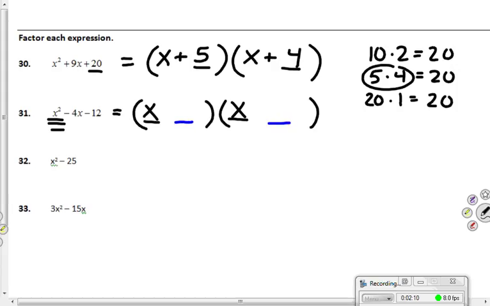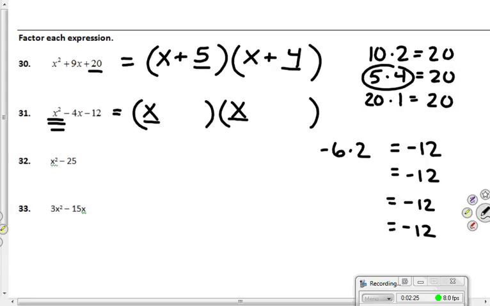Let's explore some ways that I can multiply numbers and make negative 12. Negative 6 times 2. Give me more. What if I flipped them? That still makes negative 12, right?